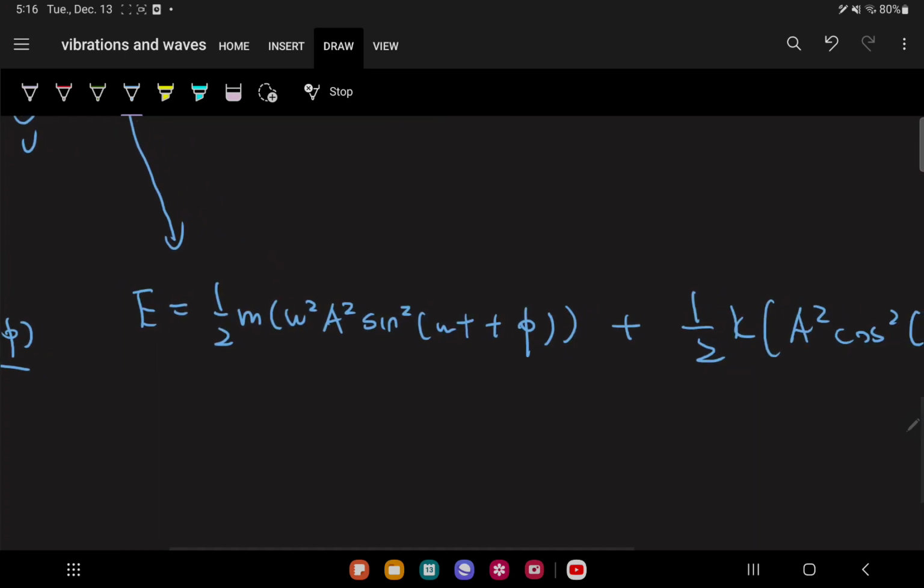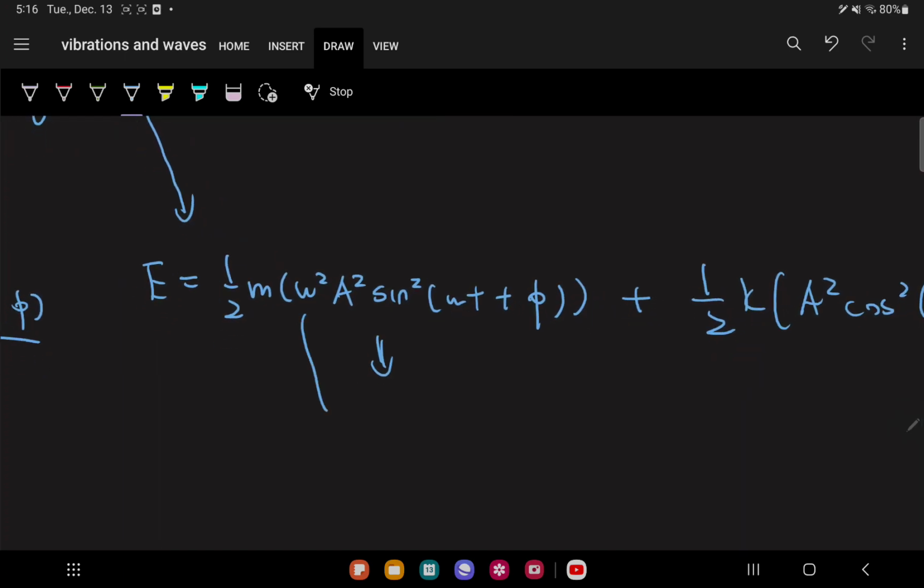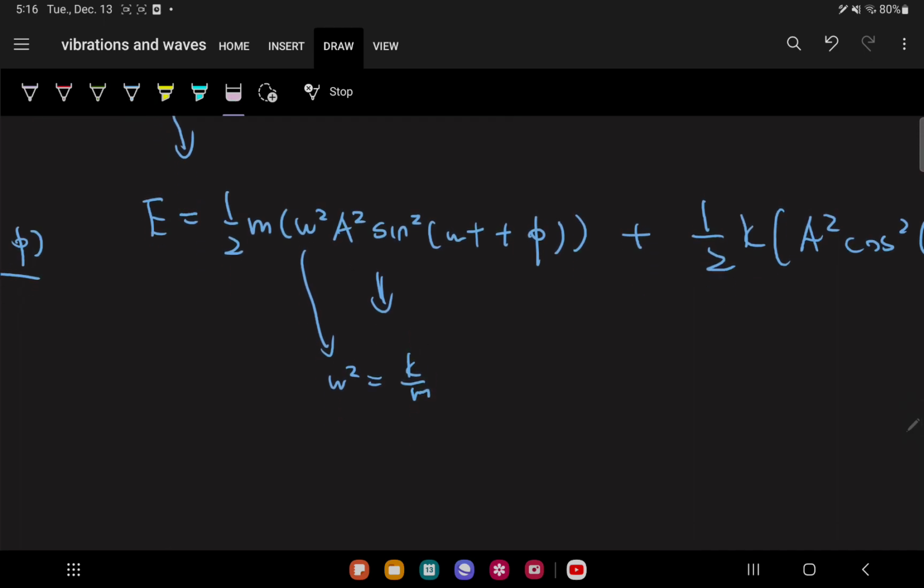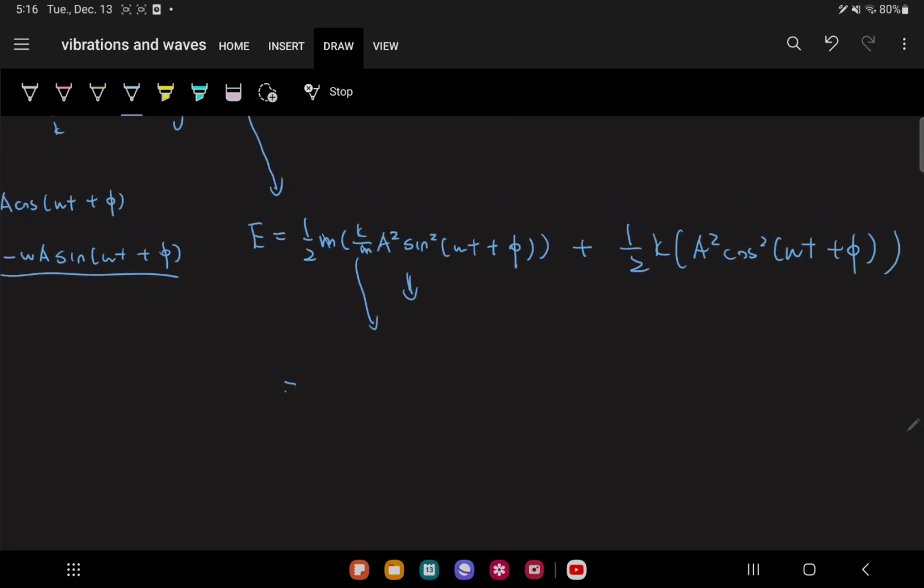And in this expression, remember our omega from my last video, we know that omega squared is actually equal to k over m. If we replace this with k over m, you'll notice that the m and the m cancel out. So this actually just becomes 1/2 k A squared sine squared(omega t plus phi) plus 1/2 k A squared cos squared(omega t plus phi).